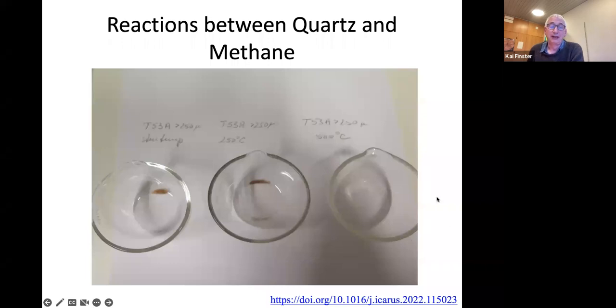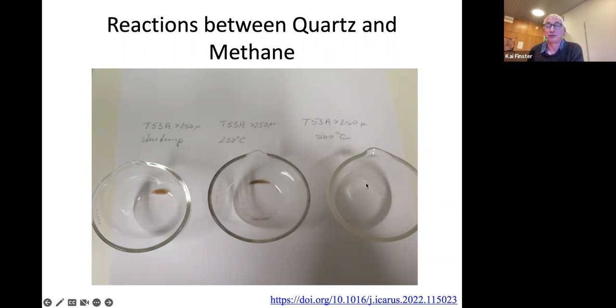I hope you can see the color here. This is quartz that was tumbled in an atmosphere that is exclusively methane. We can see that it was white to begin with, and now it has this brownish color. We heated it first to 250 degrees, and you can see there's no change.